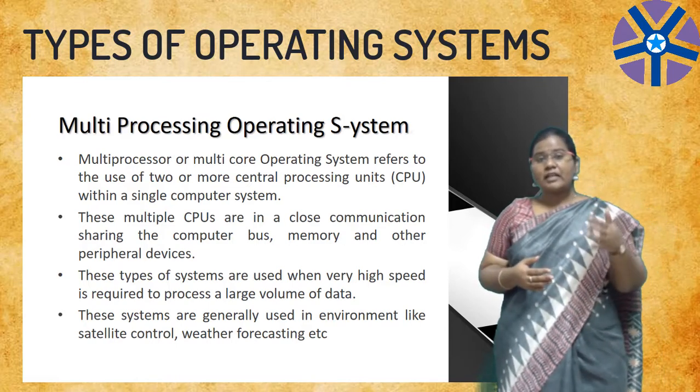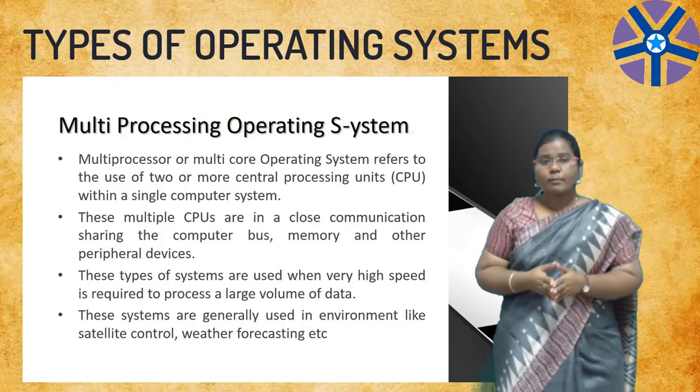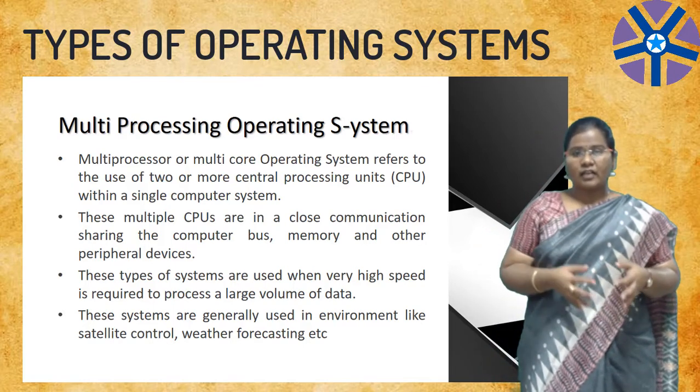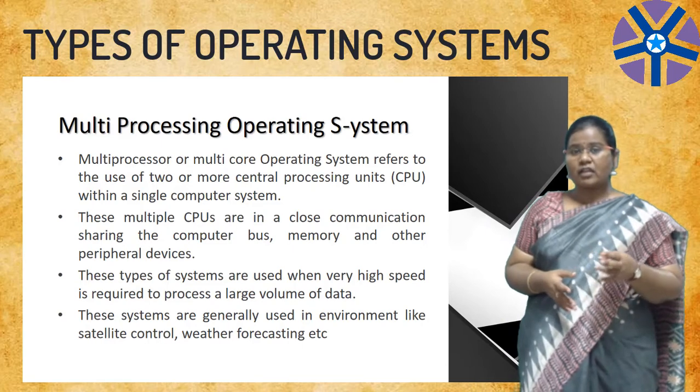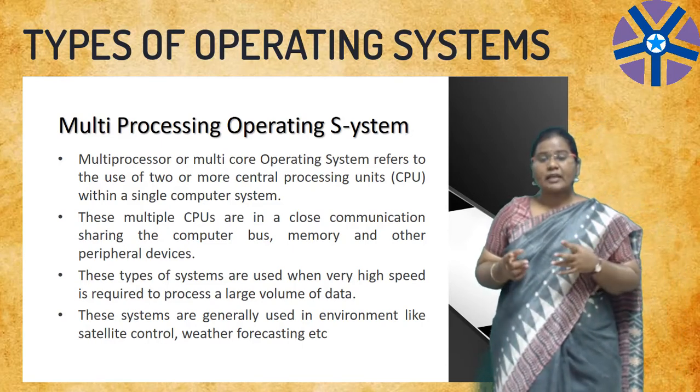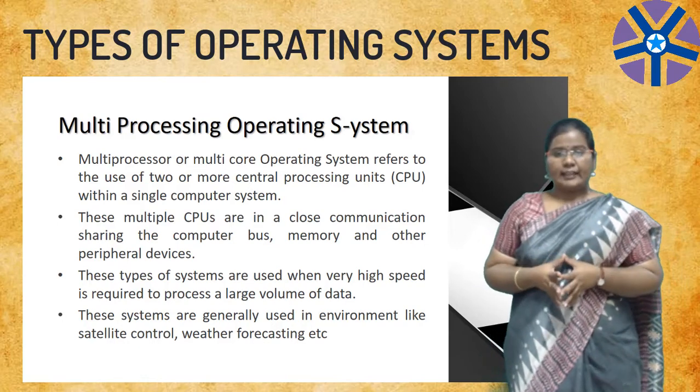In multi-programming, only when one job goes out for a resource can you allocate a second process for execution. Whereas in multi-processing, as there are two processors, two processes can be executed simultaneously.